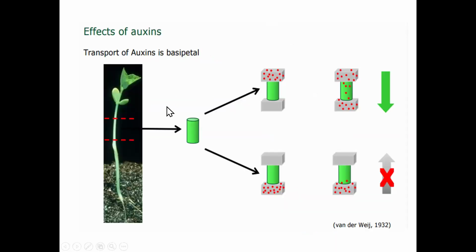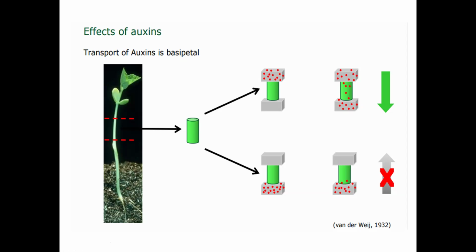Auxin is very interesting. Auxin transport: it is produced and then transported through the plant. For example, you take this bud, and if you put auxin here, it passes through, always going downward. But auxin cannot go upward. Very interesting.